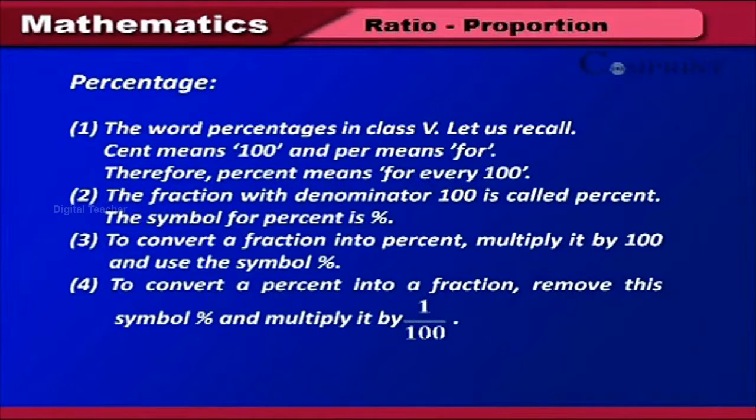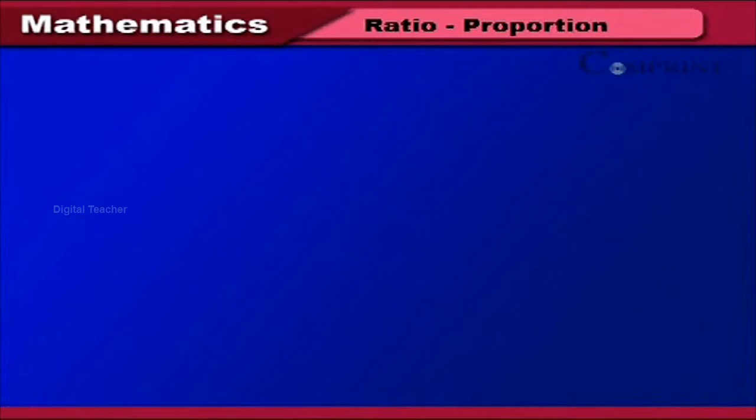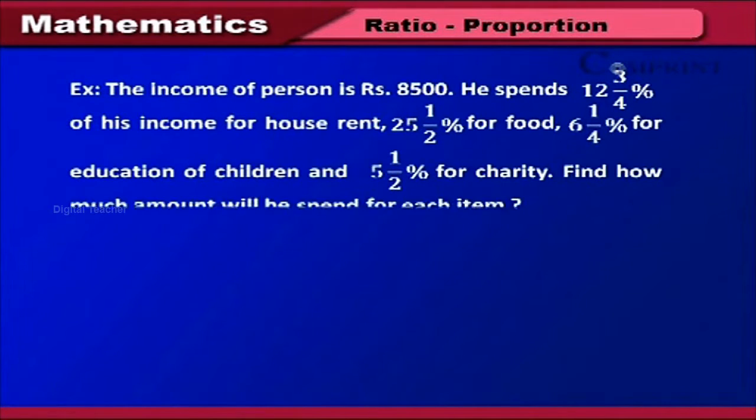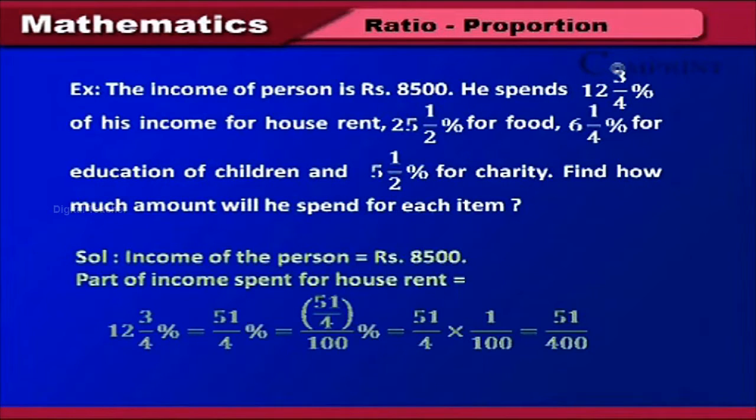To convert a fraction into percent, multiply it by 100 and use the symbol percent. To convert a percent into a fraction, remove the symbol percent and multiply it by 1 by 100. Example. The income of a person is rupees 8,500.